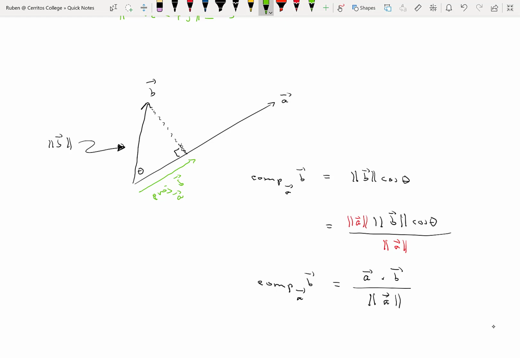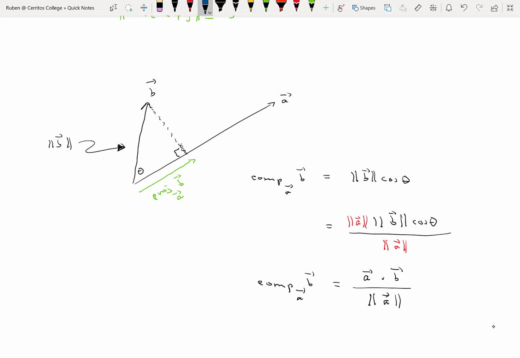First, I'm going to find a unit vector. Remember we talked about unit vectors. I'm going to find a unit vector in the direction of A. Okay. How can I construct a unit vector? That unit vector is going to be red. Oh, let's say blue.